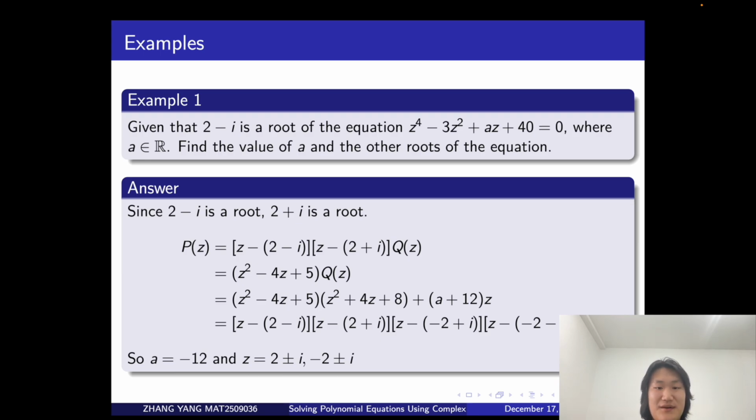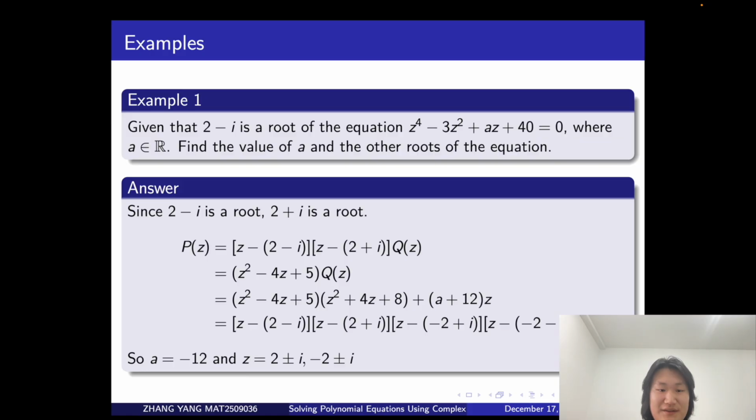Since all the coefficients are real and 2 minus i is a root, 2 plus i is also a root. By the factor theorem, we can factorize p of z into z minus 2 minus i times z minus 2 plus i and q of z, where q of z is a polynomial of degree 2.